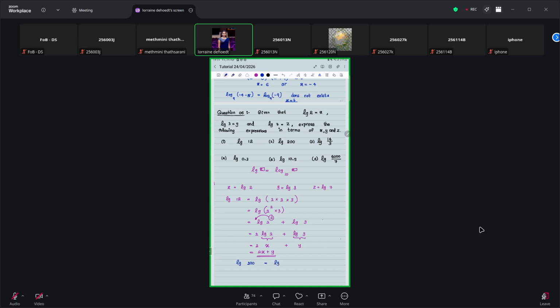You can write this one as 2 and 100. Now I write this 200 using 100. Why? I already told you log means base 10.